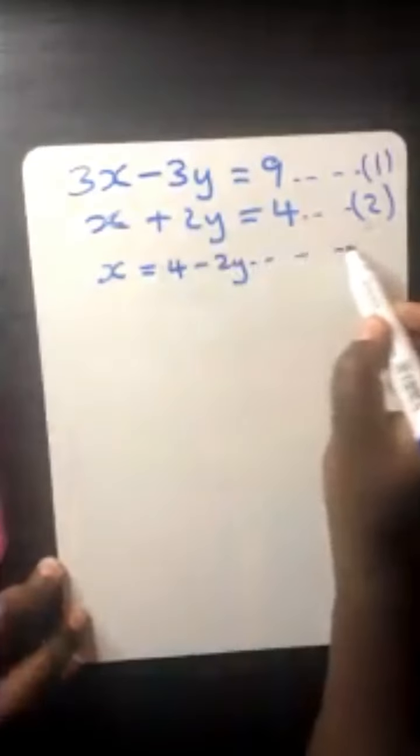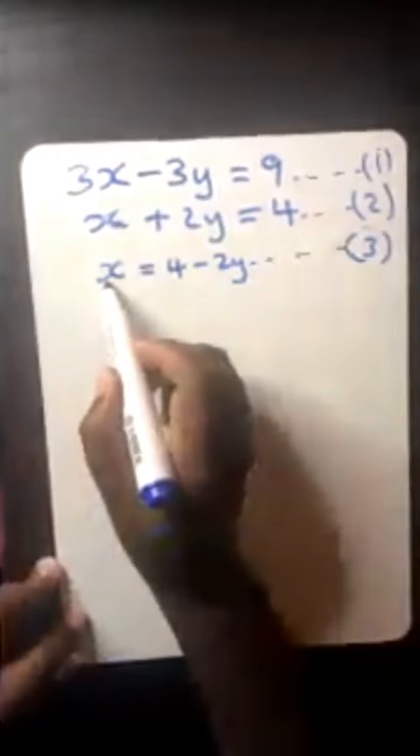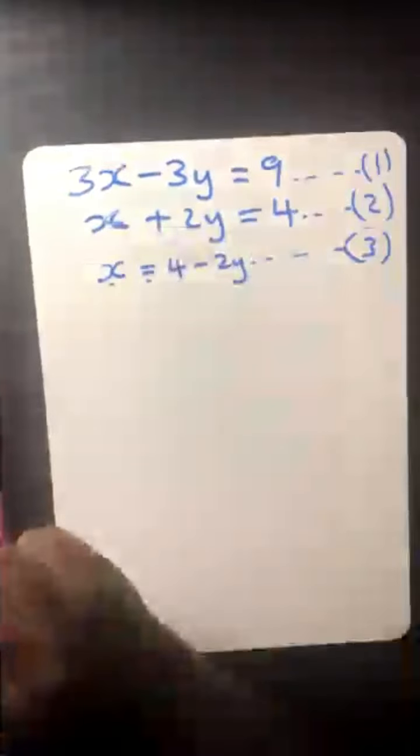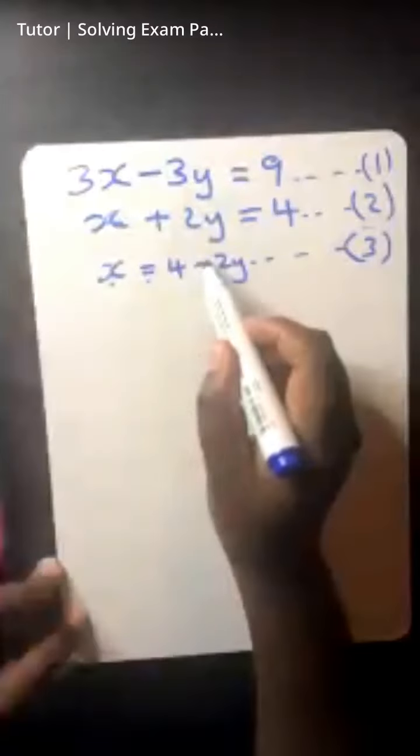Remember, guys, you need to have a letter which equals, you move everything to the other side, so it changes sign. It was a positive and it's now minus 2y.